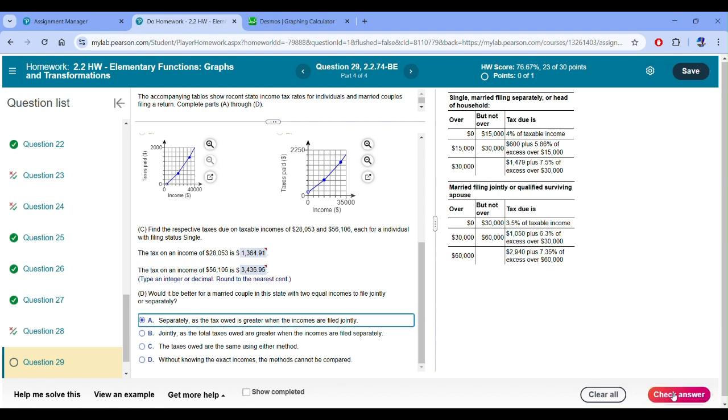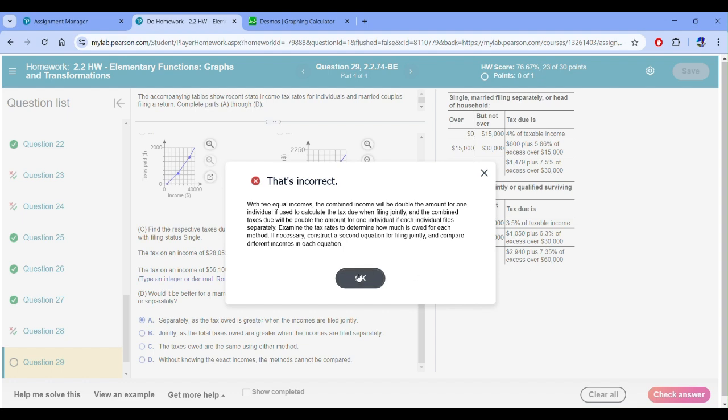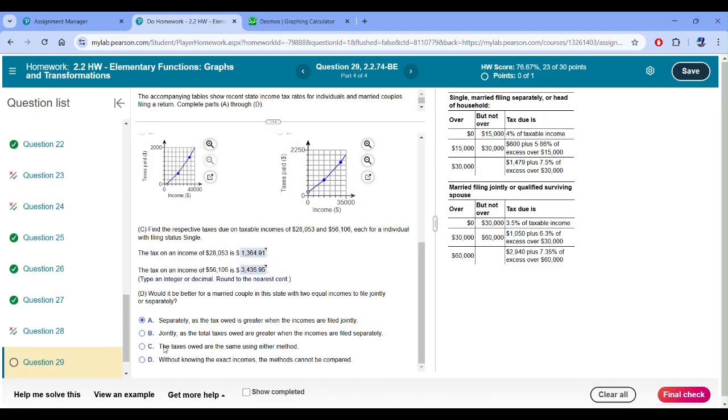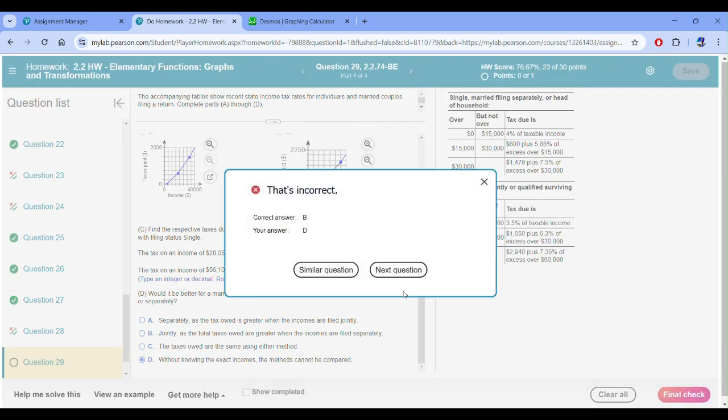Fine. I'm going to say that one. Okay, final answer without knowing the exact income. Jointly, as the total taxes owed are greater when the incomes are filed separately. Okay. There you go.